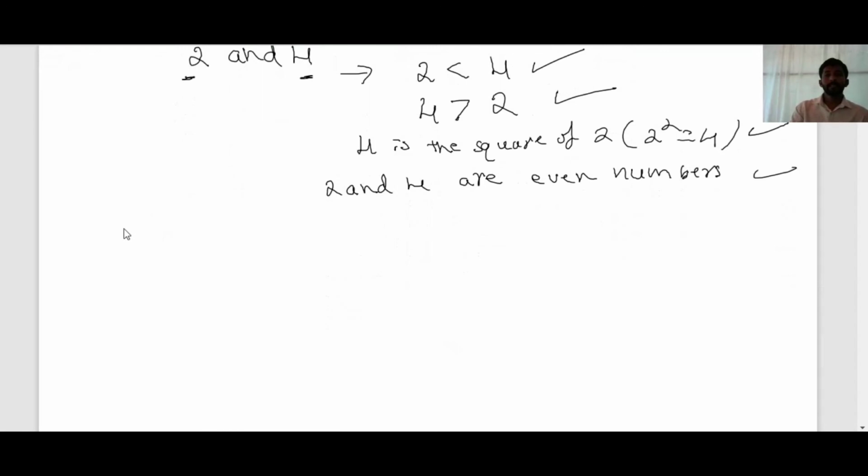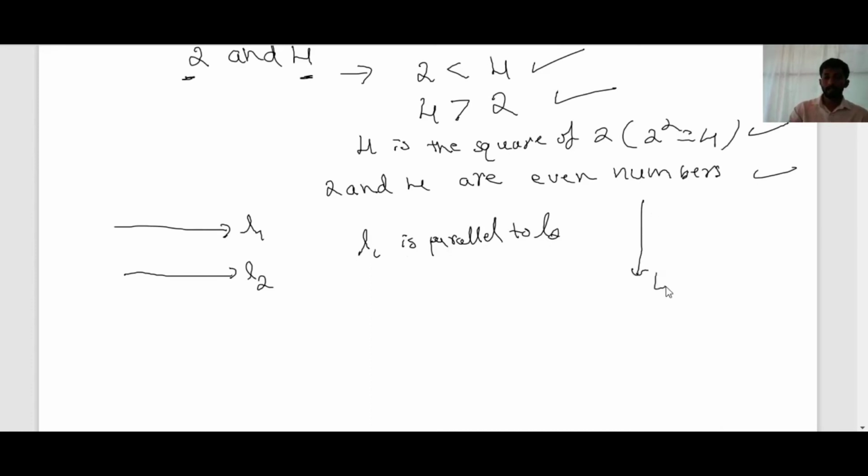Or if you consider lines, here one line I am taking L1. Consider another line, that is L2. What is the relationship between L1 and L2? Here you can say that L1 is parallel to L2. Or your line L1 is like this, and line L2 is like this.